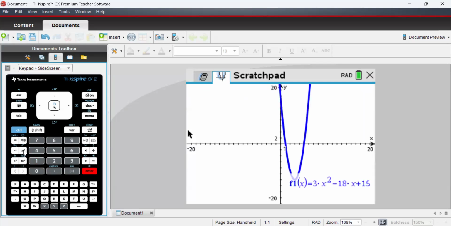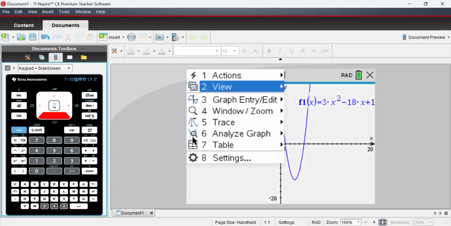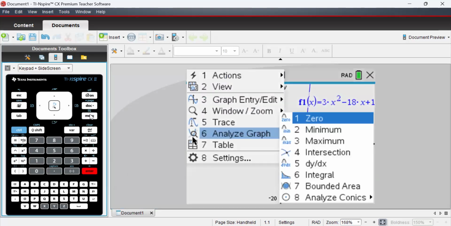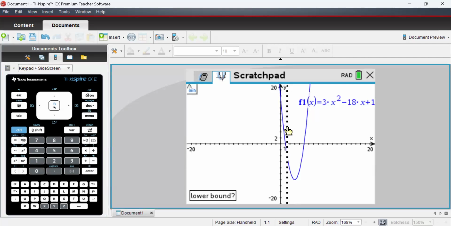And hit enter. To graph these, the first thing you need to find is the vertex. And this one has a low point, it has a minimum. Lower bound to the left, click. And so our vertex is at 3, negative 12.